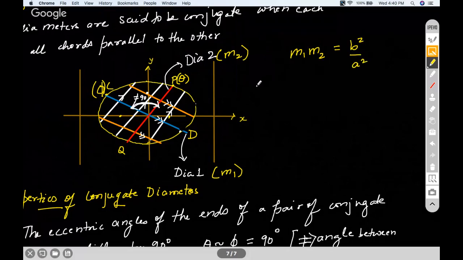Prove that the product of the slopes of the conjugate diameters is minus b square by a square. And remember, since b square and a square are not equal, m1 m2 will not be minus 1. And if m1 m2 is not minus 1, the conjugate diameters cannot be perpendicular to each other. Yes, they would be perpendicular, but that would be a case when the ellipse has changed itself to a circle.